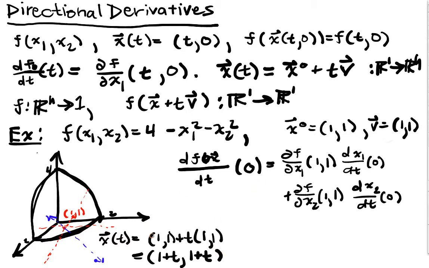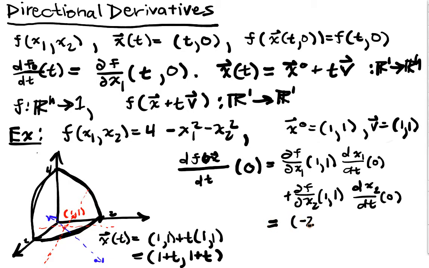Great. And I know the derivatives of each of these particular functions. The derivative of this thing with respect to t is 1. The derivative of this thing with respect to t is 1. So I know that this term is 1. And the partial of this will be negative 2 times x1. So I get negative 2 times 1 at x1 equal to 1.